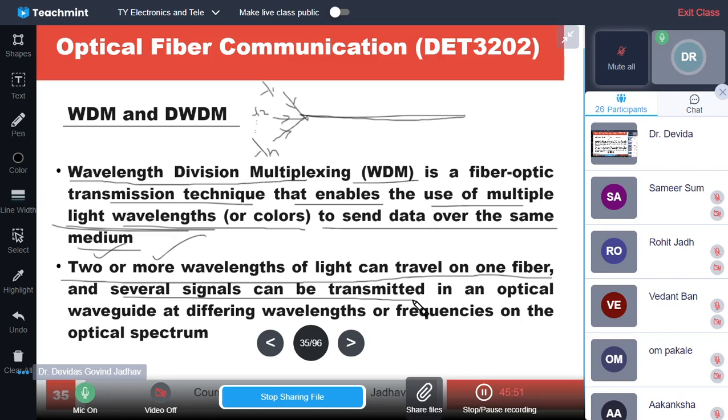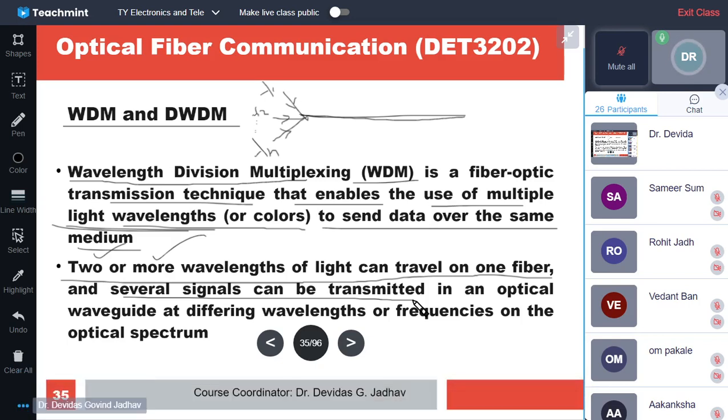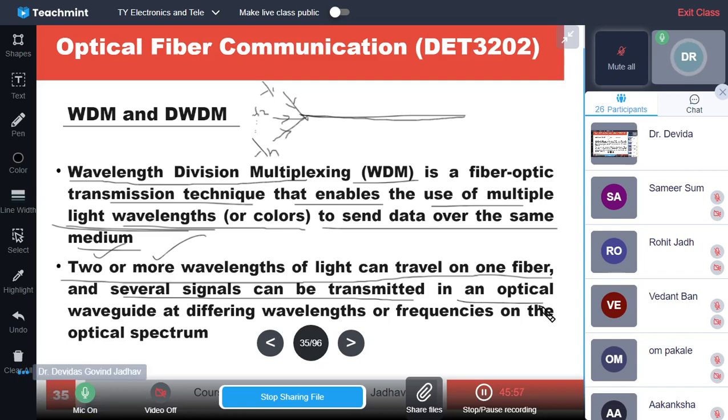One wavelength can carry many signals. Multiple wavelengths can carry several signals in the optical waveguide, differing in wavelength and frequency on the optical spectrum. Wavelength changing means frequency changing. Wavelength and frequency are inversely proportional to each other.